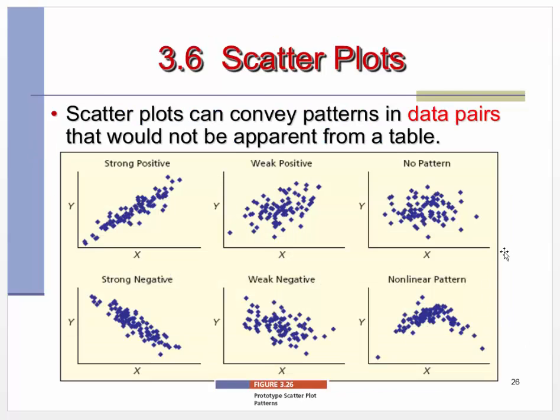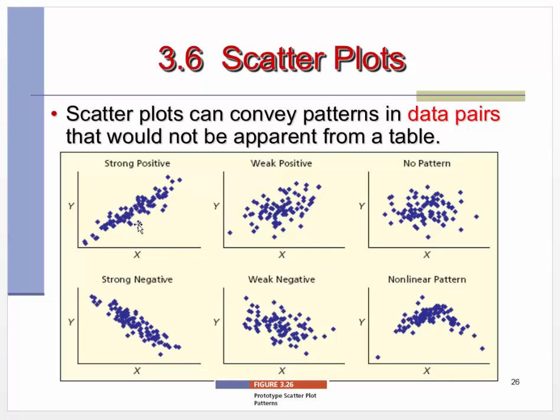You can do scatter plots. With two variables, you can use scatter plots that can convey patterns in data pairs that will not be apparent from the table. Like if you have two variables, x and y, you plot x versus y: for each value of x, there's a corresponding y value.